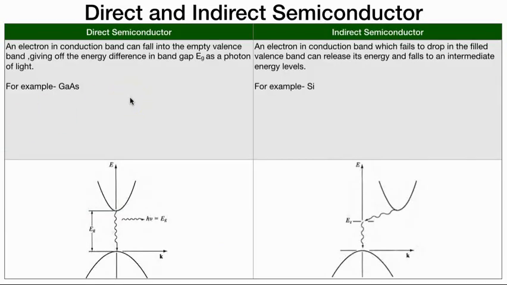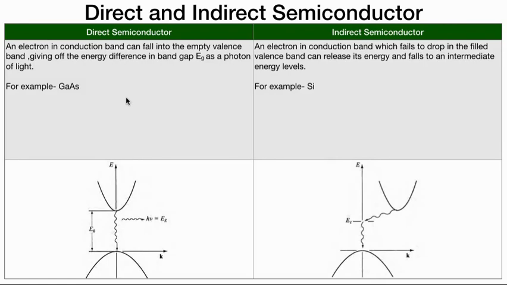If we further differentiate a semiconductor into two, direct and indirect, on the basis of light falling on the semiconductor, then we can say a direct semiconductor is one where an electron in the conduction band can fall into the valence band, giving off the energy in the band gap, e.g., as a photon of light.